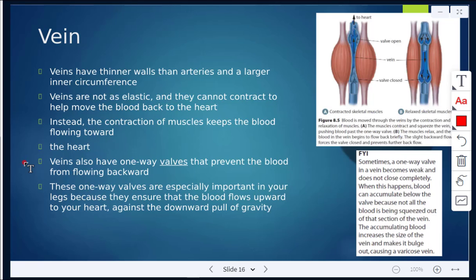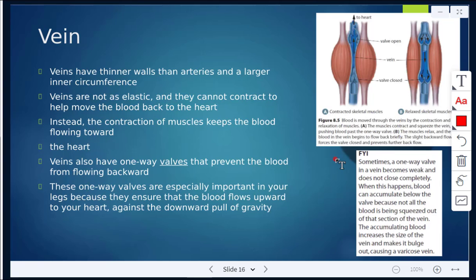These are one-way valves that prevent the blood from flowing backwards. They're especially important in your legs because they ensure that the blood flows upward to your heart against the downward pull of gravity.